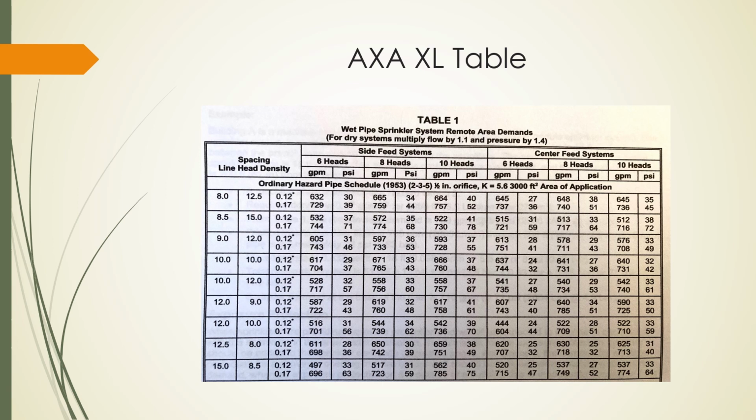I do want to make one comment about this matrix and these numbers here. I don't know that they're accurate. I know that they were developed for a major insurance company. I spoke to a trusted person who had used it out in the field for many years. But I don't know that all these numbers are correct. That's why I continually come back to the point that at some point you're going to need to do hydraulic calculations.